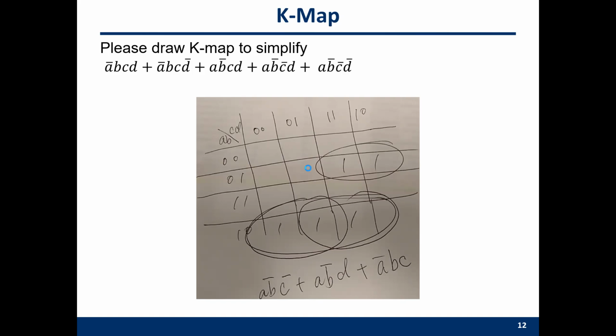The second term is 0, 1, 1, 0. The third term is 1, 0, 1, 1, 1, 0, 1. And then we have 1, 0, 0, 1. The last one is a 1, 0, 3 zeros.